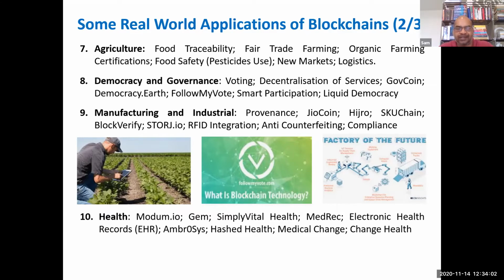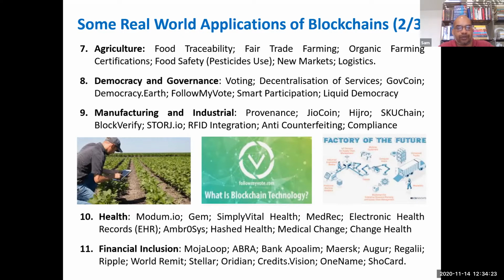Health, huge applications in health, like whatever US used to have with the databases like electronic health records. Now they are being put onto blockchain networks, as I said earlier, because of trust, transparency, immutability, and so forth.